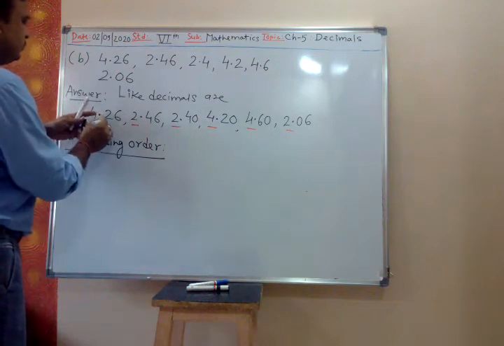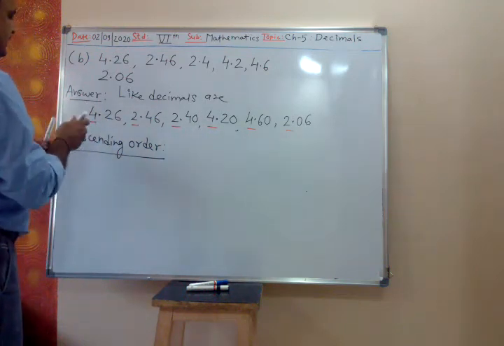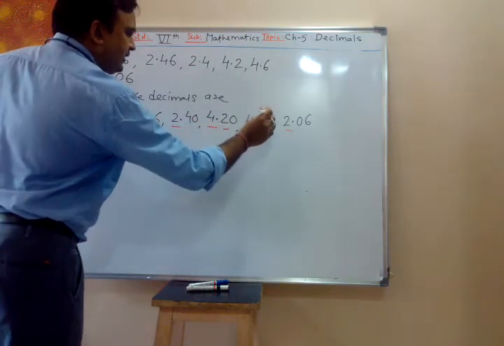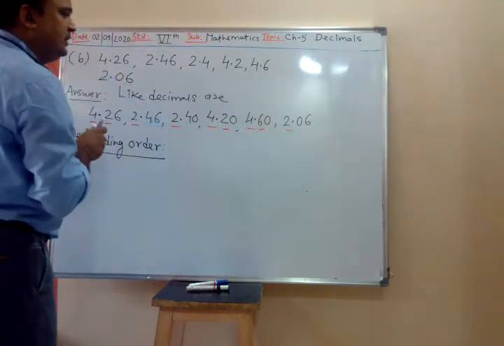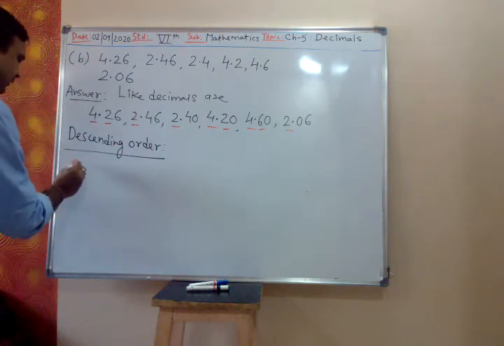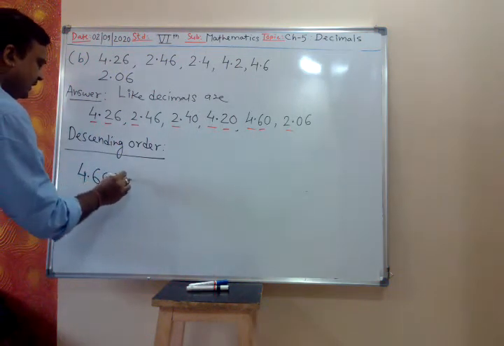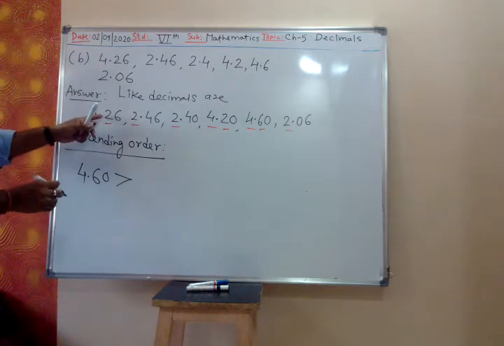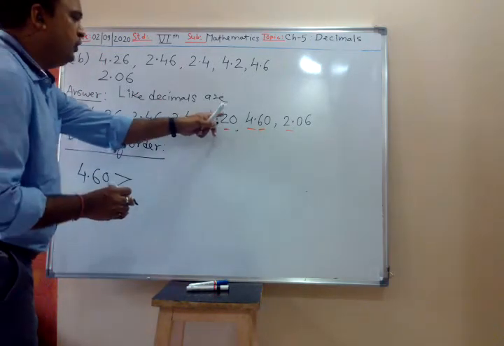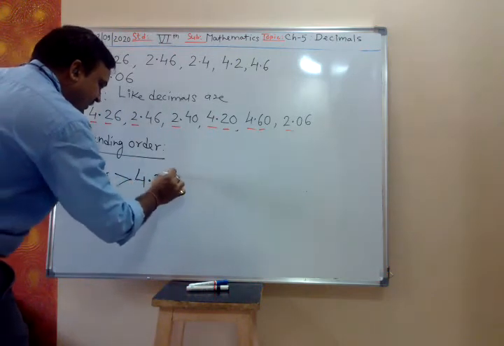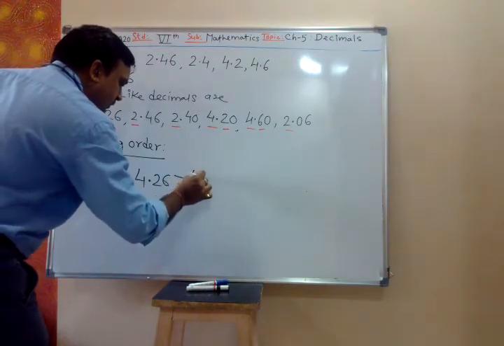After decimal it is 2, 2, 6. So which is bigger? 6. So we write 4.60 is bigger than 4.26. 4.26 is greater than 4.20.